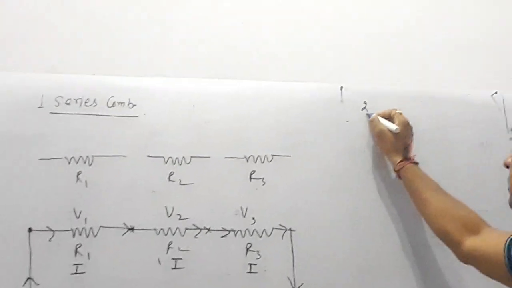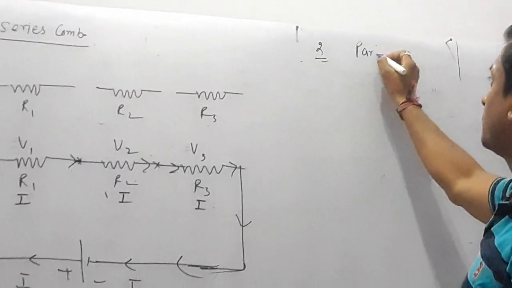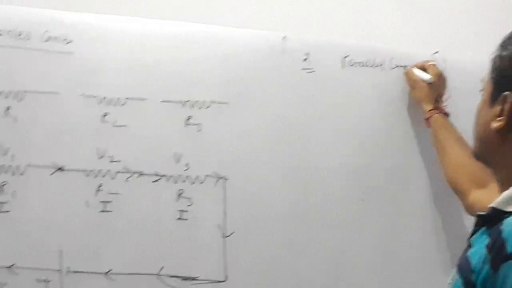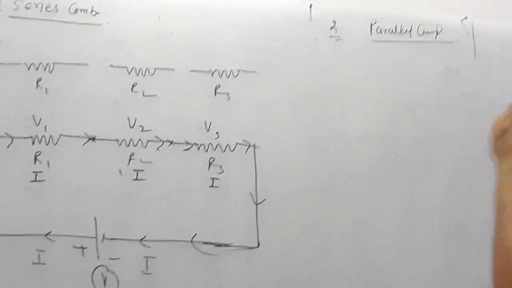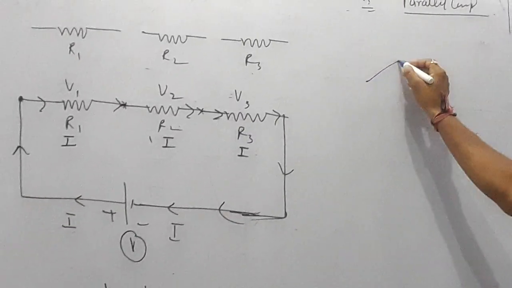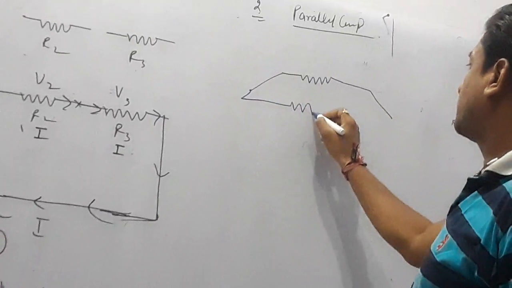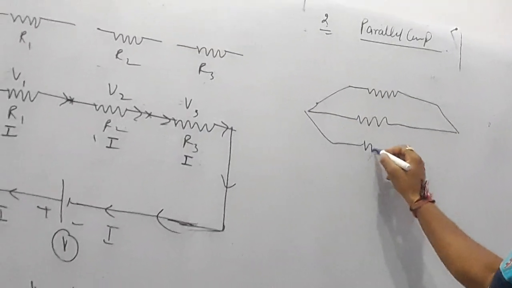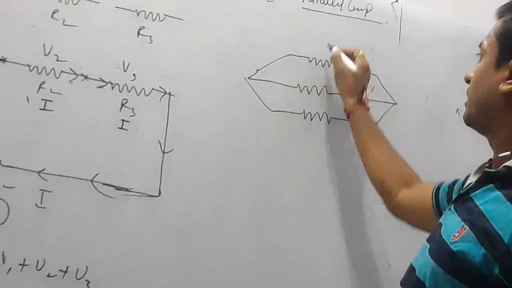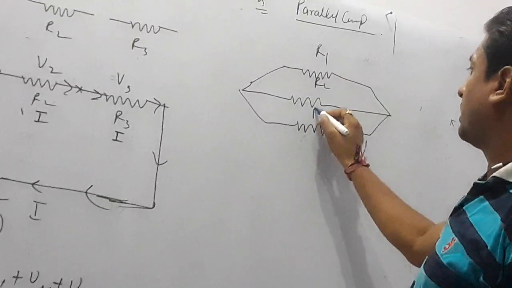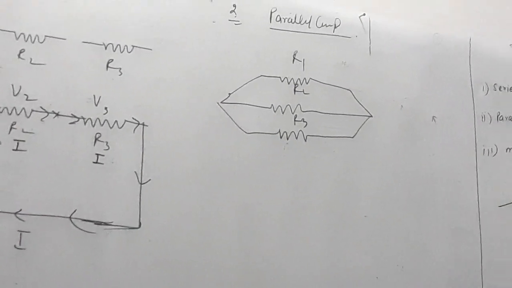The second one is parallel combination. In parallel combination, this is the first wire, this is the second wire, and this is the third wire: R1, R2, R3. You can see in the figure all the wires are connected across each other.